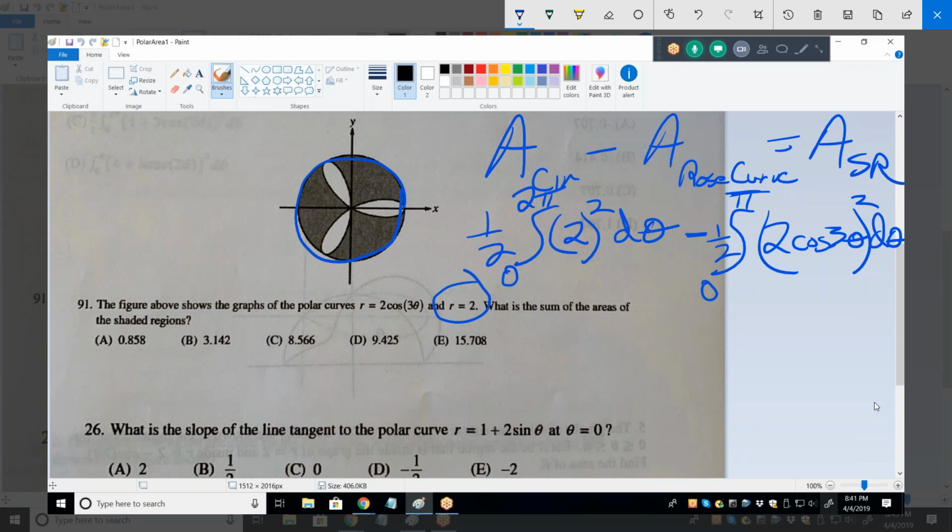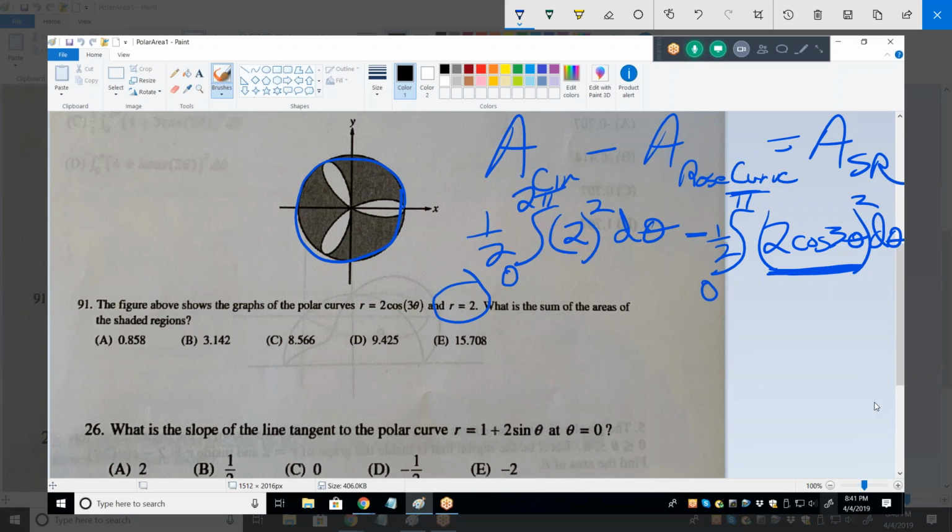Notice, let's look at this function. When theta is 0, what is the function value? The function value would be cosine of 0, which is 1. So 2.